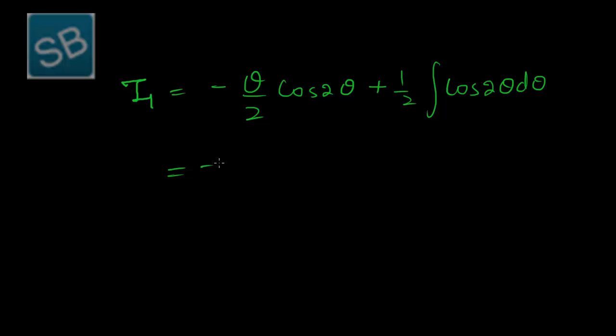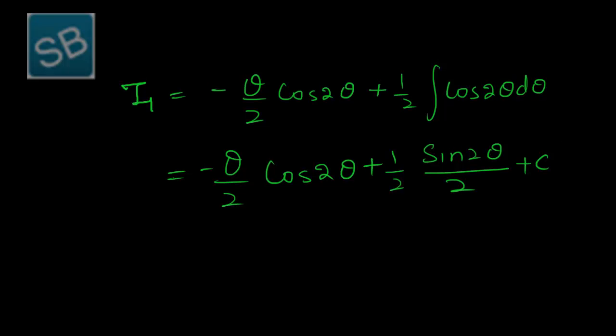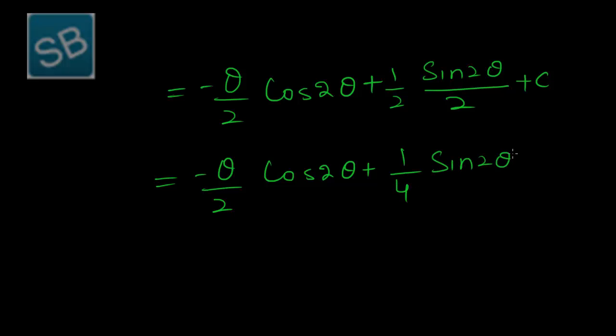So here we get minus theta by 2 cos 2 theta plus half integration of cos 2 theta, which is sin 2 theta over 2, that is divided by the derivative of 2 theta, plus c. So we get the answer in theta form, that is minus theta over 2 cos 2 theta plus 1 over 4 sin 2 theta plus c.